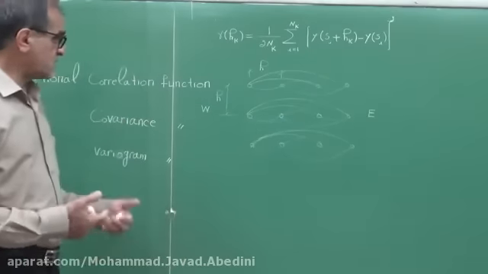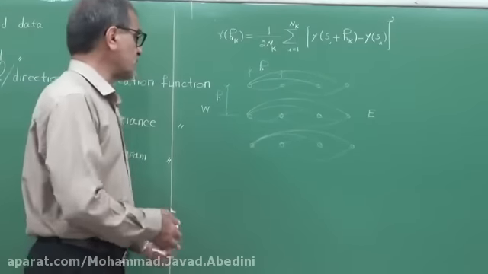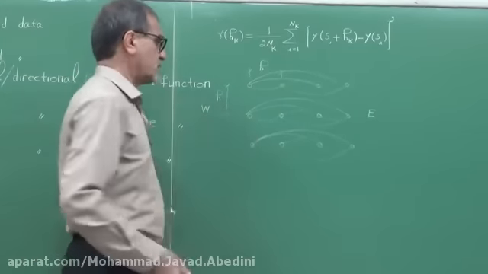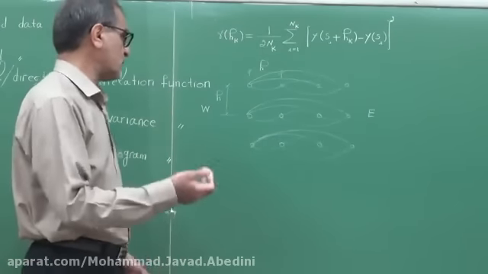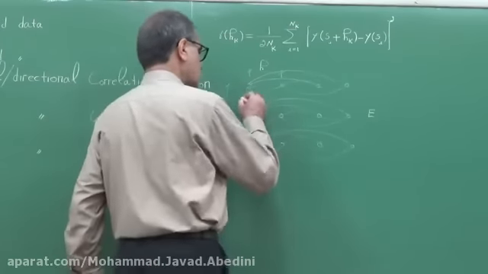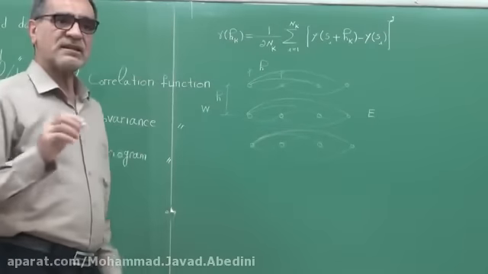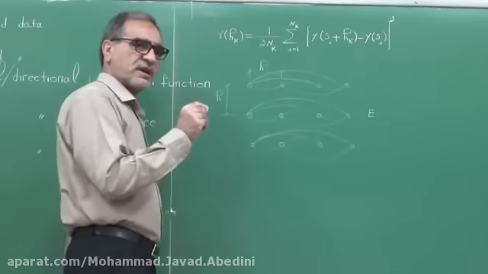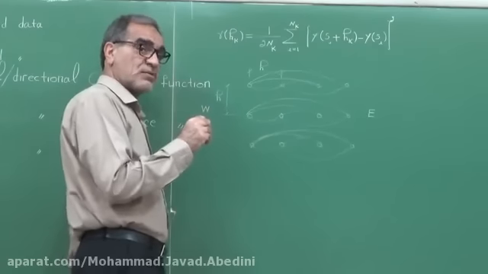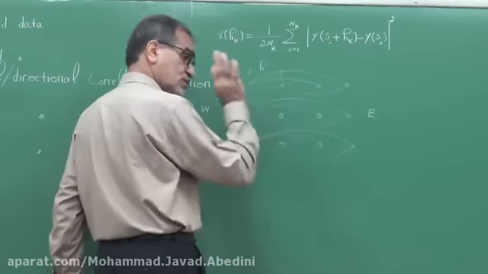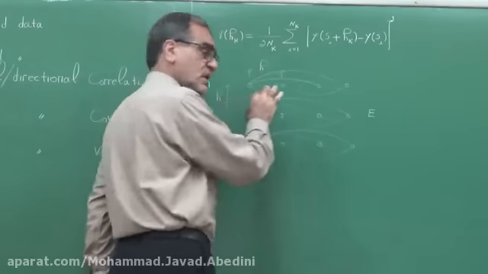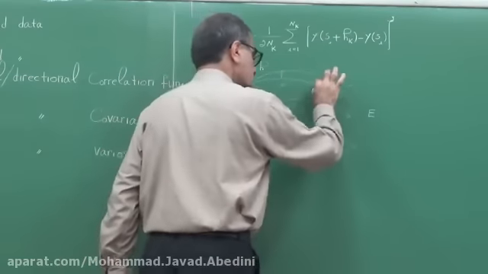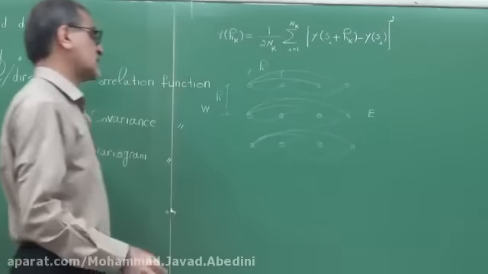What do I mean by h-scatter plot? When it is either of h spacing, 2h, 3h, and so on, you have to assign a name to each pair when it comes to the numerical values. Of course, you know for sure that you have a pixel value at this point, pixel value at this point, pixel value at this point, pixel value at this point.